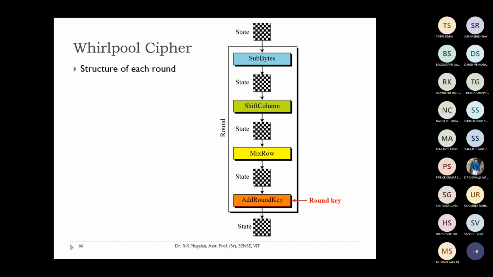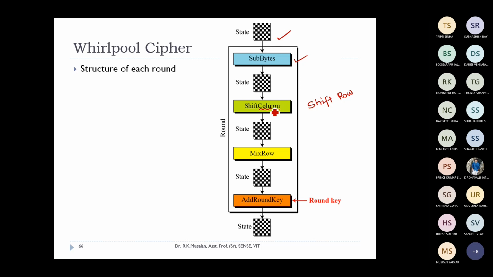And this is how the structure of each and every round is going to look in the Whirlpool cipher. It is exactly similar to our AES algorithm with slight modifications. The first step is the same: whenever you give an input state, we perform a sub-byte transformation. After that, we perform shift column. If you compare with the AES algorithm, we had shift row; instead of shift row, they have made it shift column.